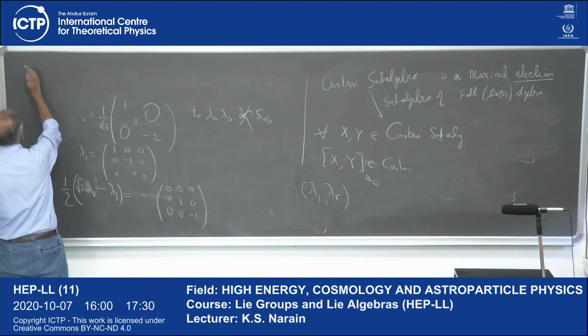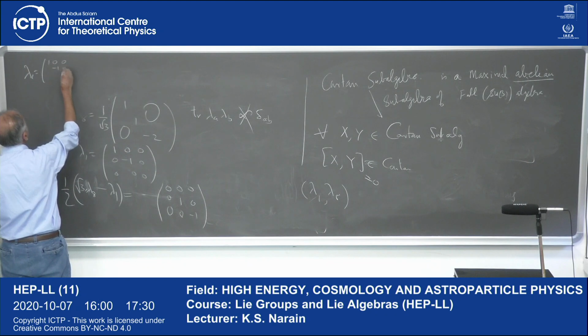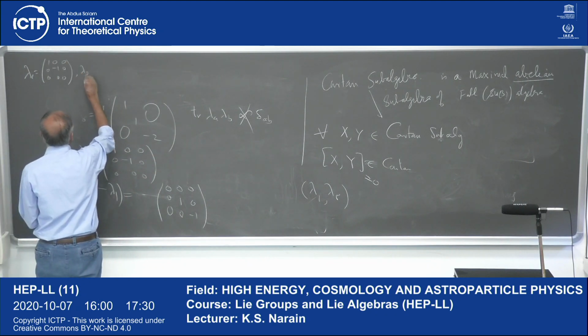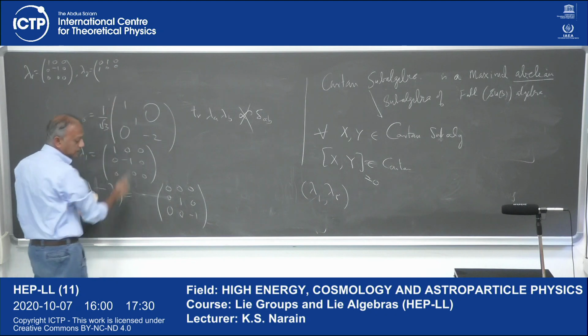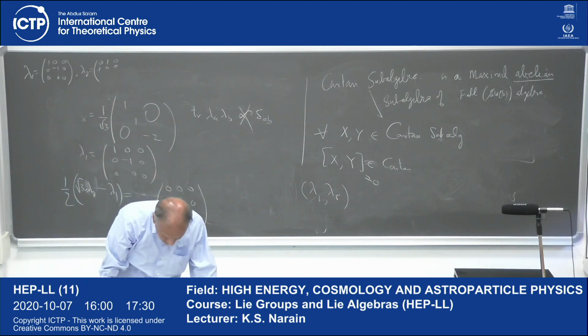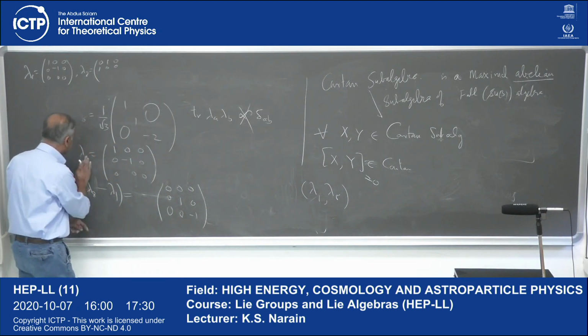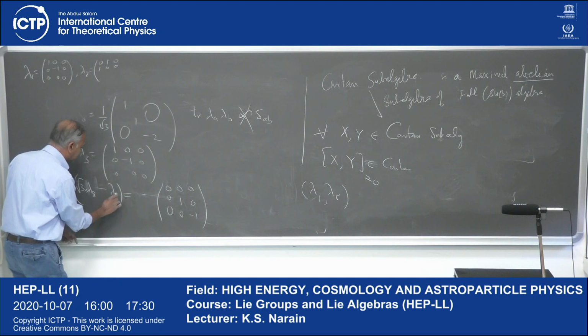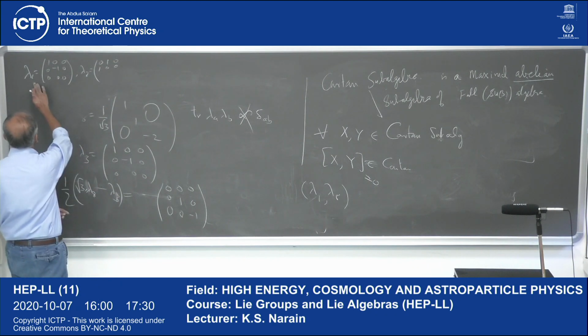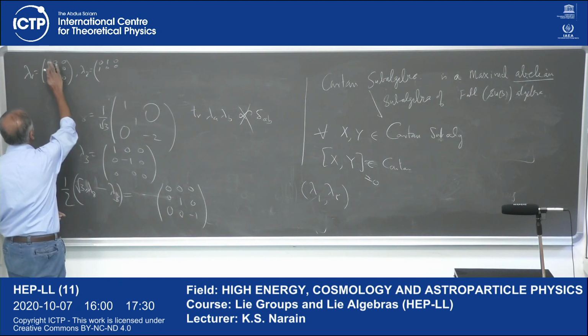So I will write, not big lambda, lambda 1 equal to 0, 1, 0, 1, 0, 0, 0, 0, 0. Lambda 2 was, oh, maybe the other way around. Was it lambda 1? No, sorry, what I was writing as lambda 1 was lambda 3, in fact, right? Okay. So lambda 1 was that.